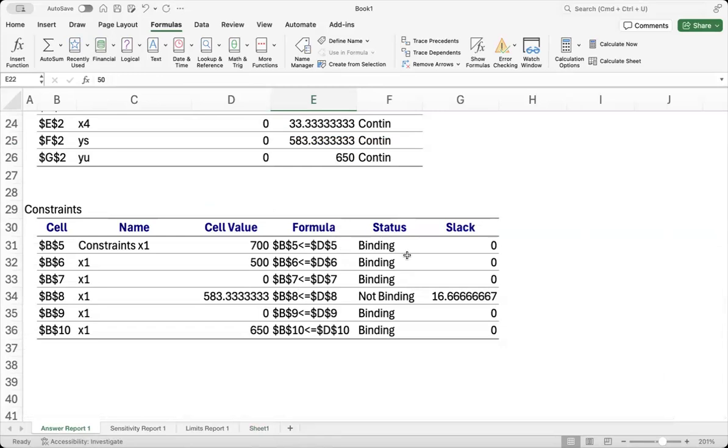Later you will hear another word, active constraint. It has the same meaning, because this constraint defines the optimum value. So it's binding or active. When we say this constraint is binding, that means this constraint is active, or this constraint defines the solution.